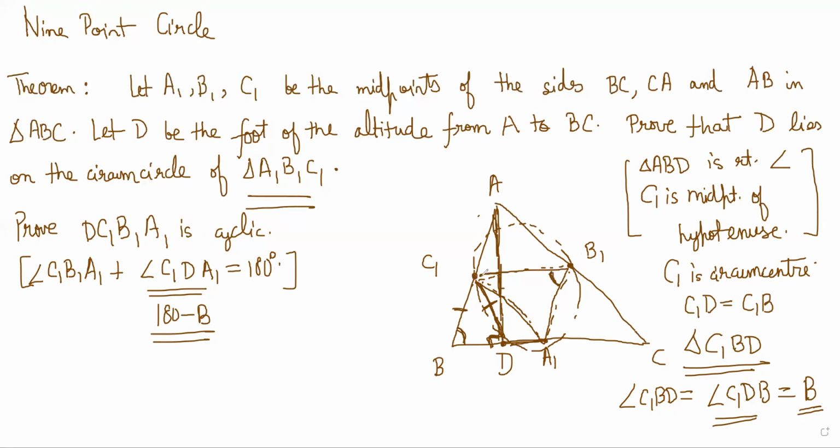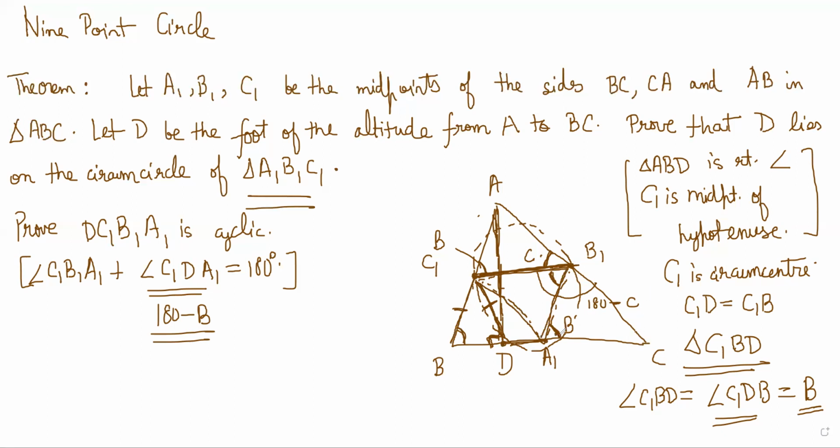Now C1B1 joins midpoints, so by the midpoint theorem you know that it is parallel to this. So this angle is also B and this angle is C. So this overall angle is 180 minus C, and this angle will be B because this is parallel to this.